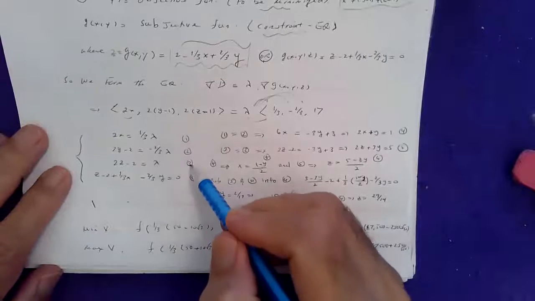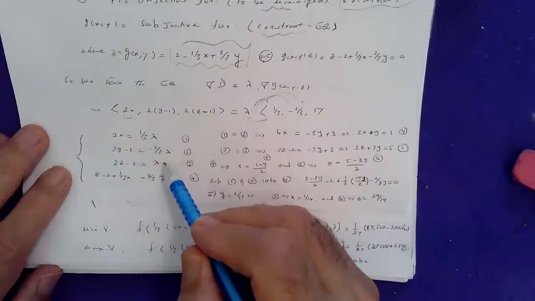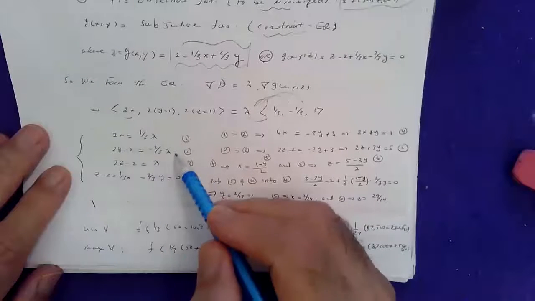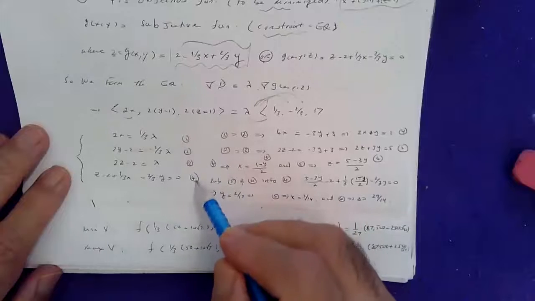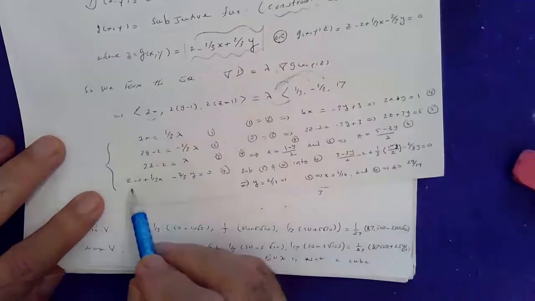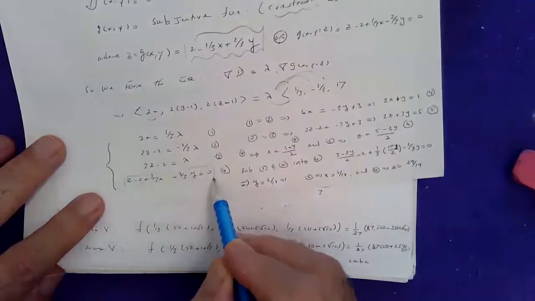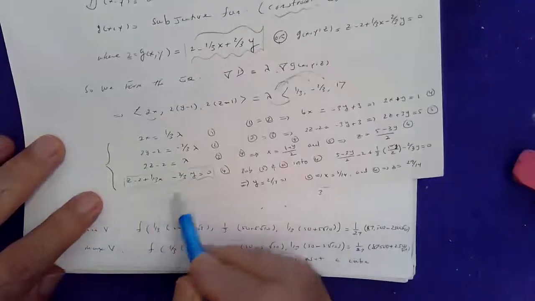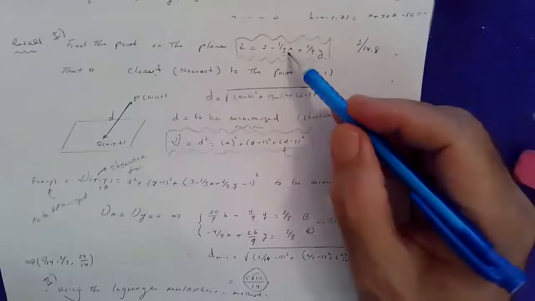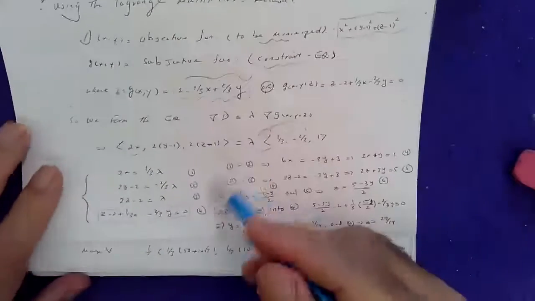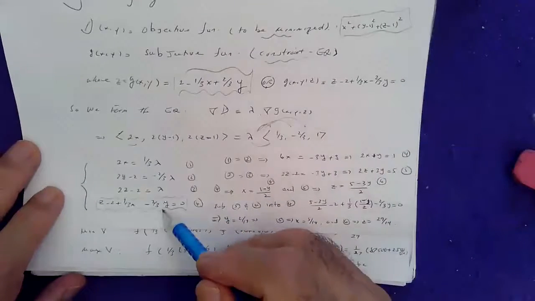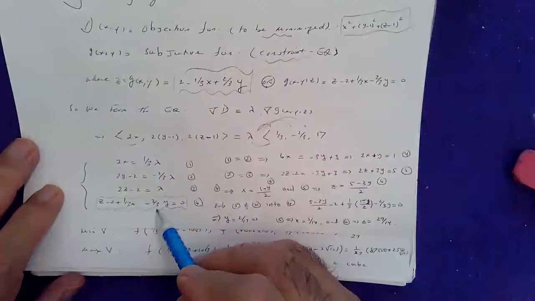I have 3 equations, but 4 unknowns, namely x, y, z, and lambda. So I need one more equation. Usually, to complete the system, we attach the constraint equation, which in this case is the equation of the plane. So now we have 4 equations and 4 unknowns. Remember, the fourth equation is the equation of the constraint.